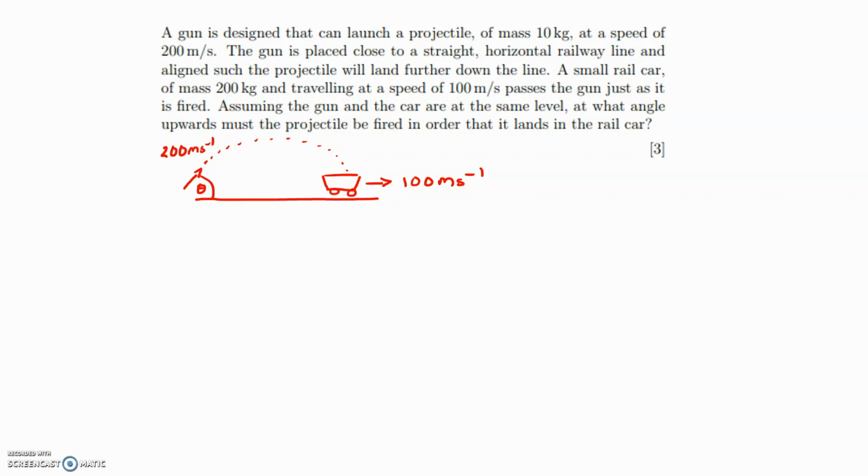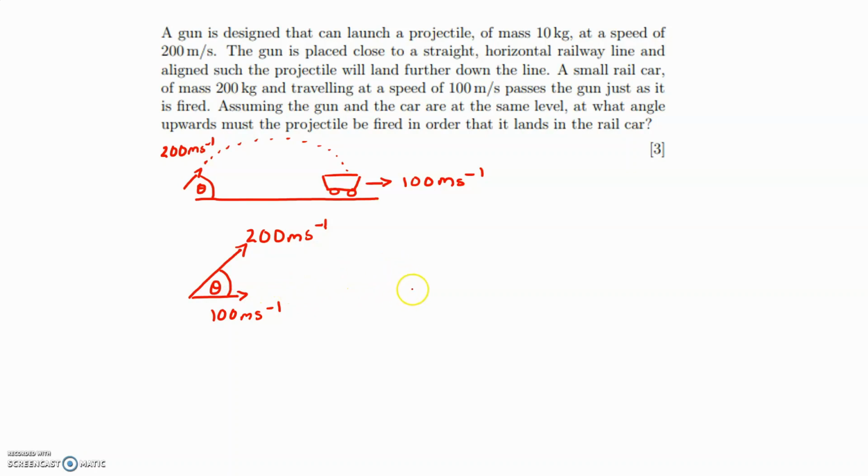Well, what we need to ensure is that the horizontal component of the projectile's velocity is also 100 meters per second, so it has the same horizontal speed as the small rail car. So if we do a little bit of trigonometry here, here is our component, and we want it to have a horizontal component of 100 meters per second, and there is our angle that we want to work out.